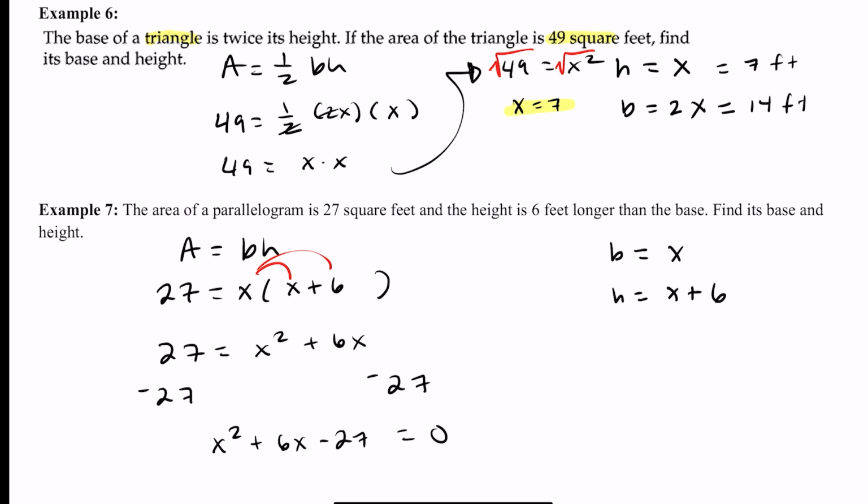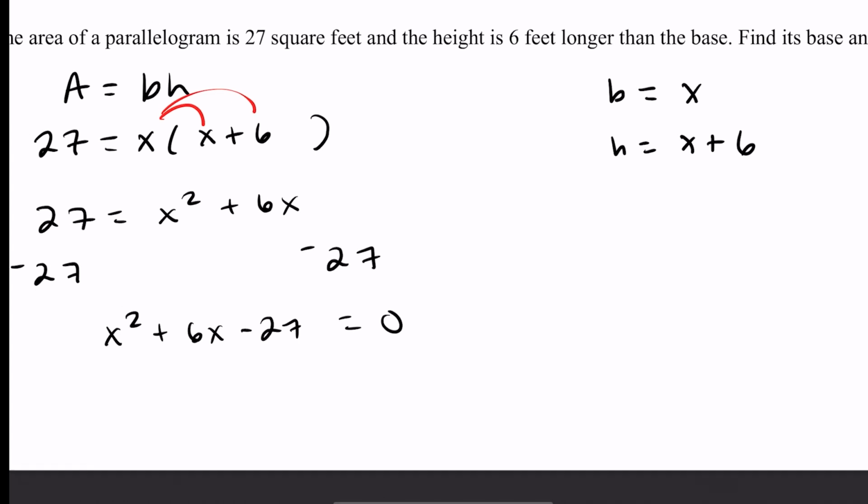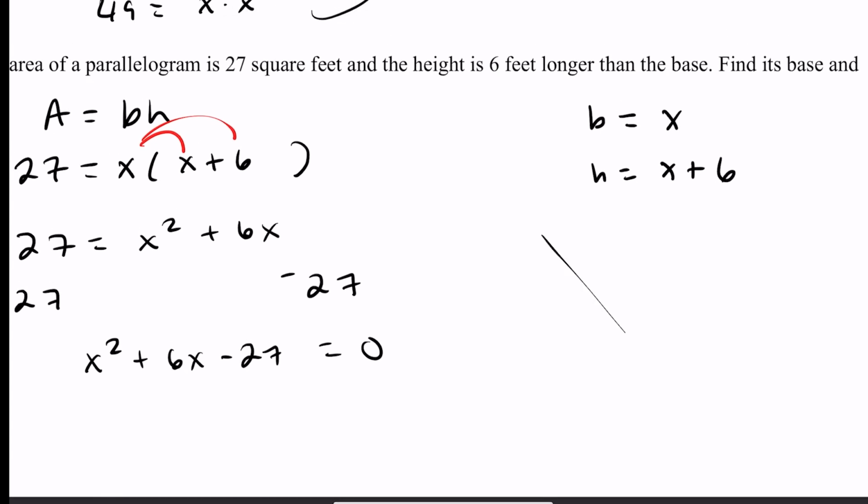X squared plus 6x minus 27, I should do what? If you have this, you should do the x method. Maybe you want to do the quadratic formula, but that's going to take a little bit. It's okay. I'm just going to go ahead and use the x method here. What goes up top? Negative 27. What goes down below? 6.